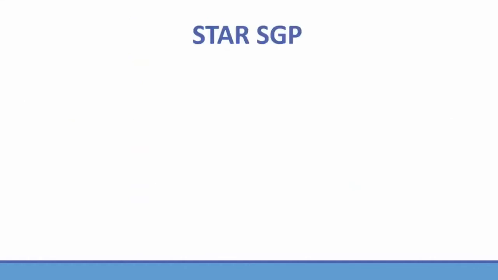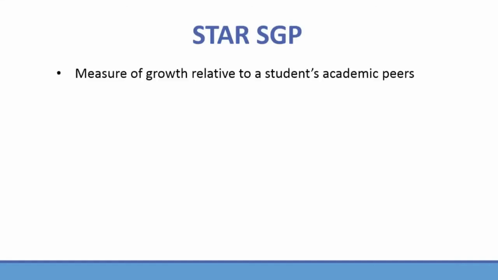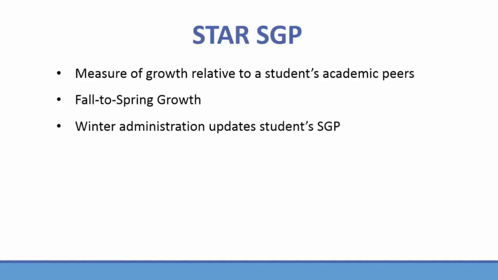So let's just recap some very important points to remember about STAR's SGP. It's a measure of relative growth that compares a student to his or her academic peers. It's a fall to spring growth measure. The winter administration updates how well that student is doing compared to his or her academic group that they started with in the fall.